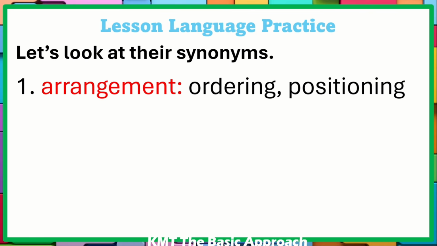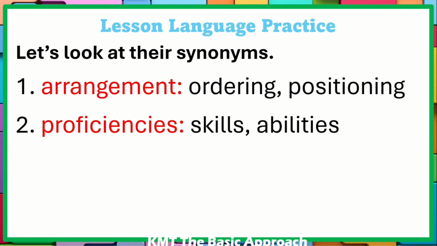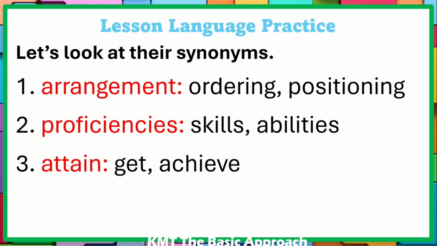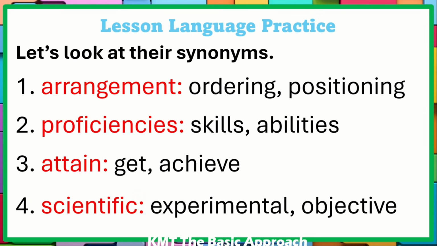It can also mean ordering and positioning. Number 2, proficiencies. Similar to skills and abilities. Number 3, attain. It may also mean to get or to achieve. Lastly, scientific. It can also mean experimental and objective.